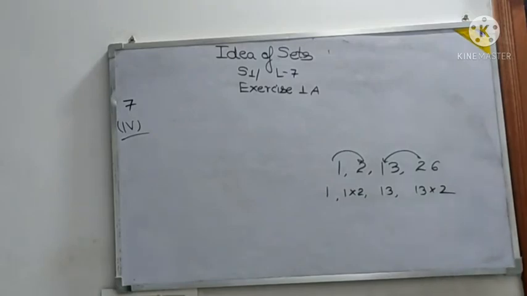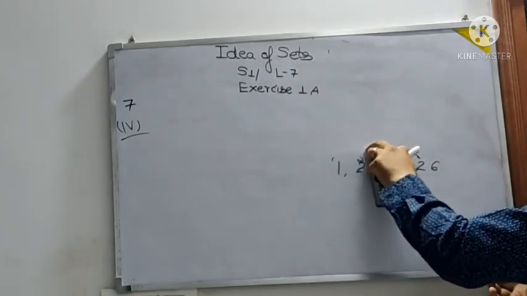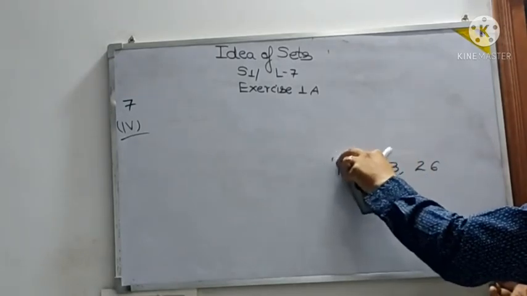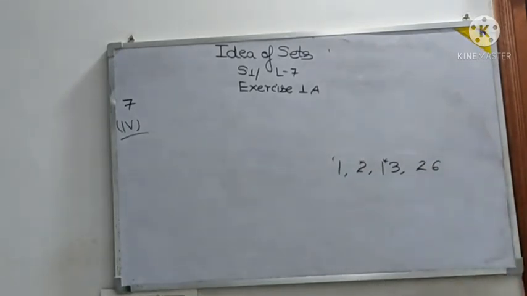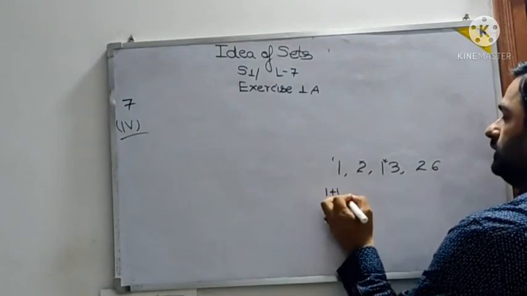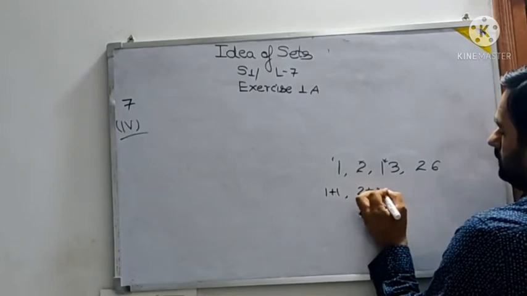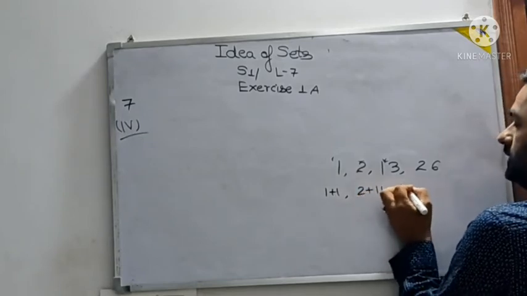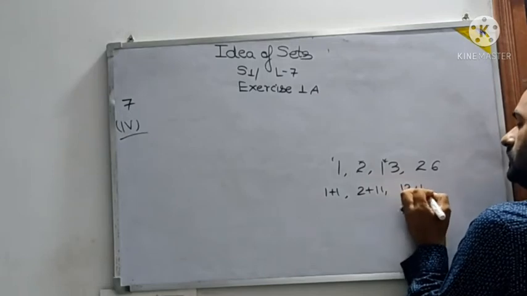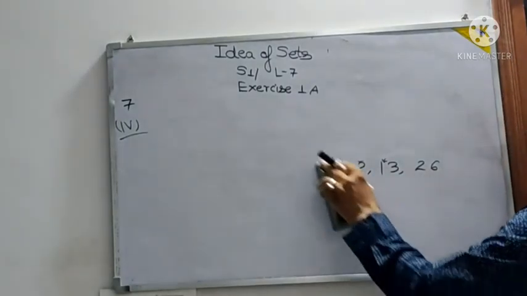This is not working. 1 plus 1 will give 2, and then 2 plus 11 will give 13, 13 plus 13 will give... this also is not a working pattern. This also is not correct. And what to get?